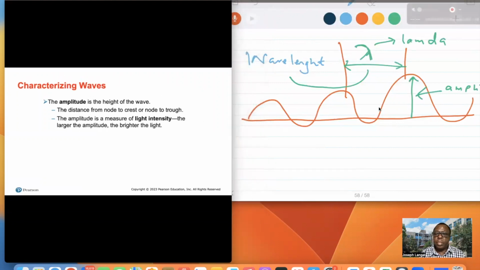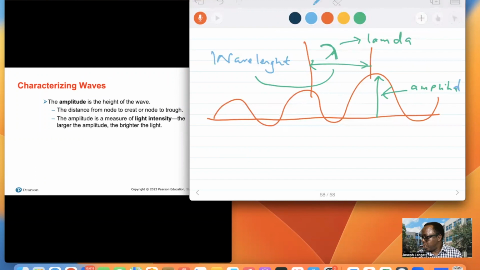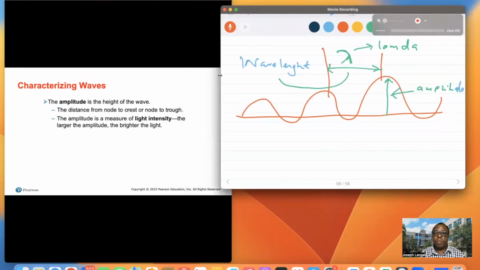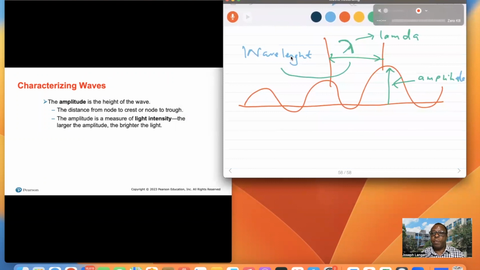We call it wavelength. All right. So amplitude is the distance from the center all the way to the crest. This is called the amplitude. So you should be able to define all these terms. Differentiate between wavelength, using the Greek symbol lambda, and amplitude, which is a measure of light intensity.